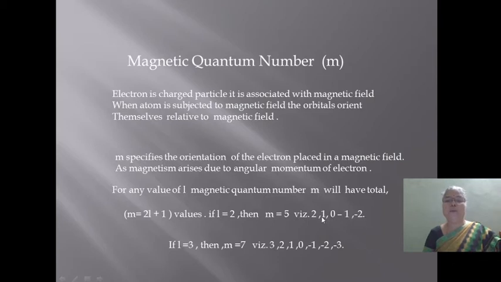These are the 5 M values for L equal to 2. Then if L equal to 3, then by using this formula 2L plus 1, we can have M equal to 7 values, and those 7 values are plus 3, plus 2, plus 1, 0, minus 1, minus 2 and minus 3.